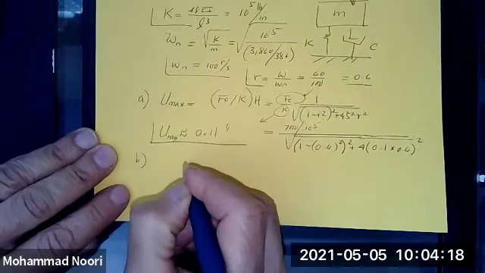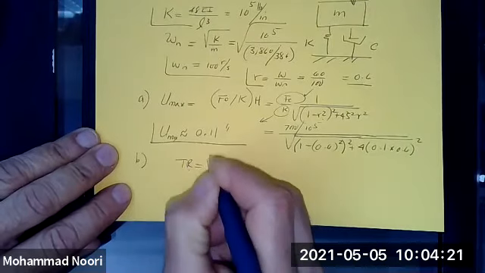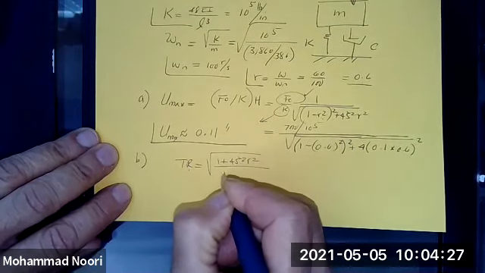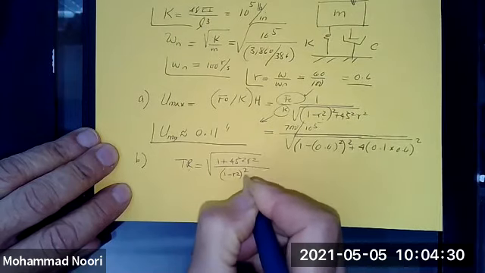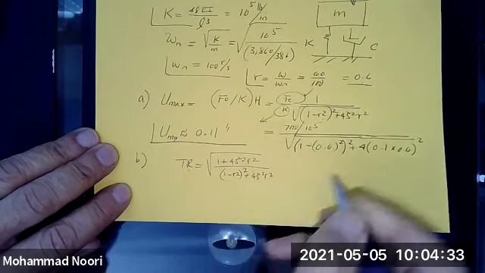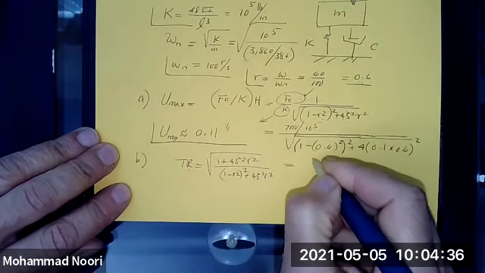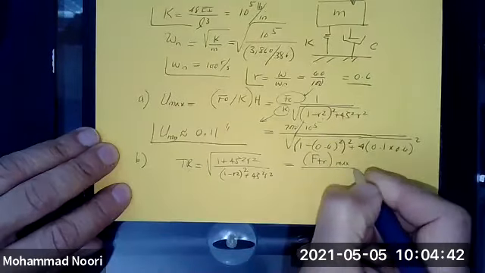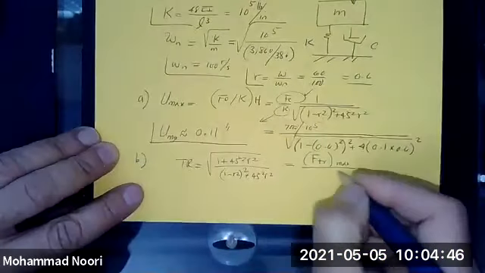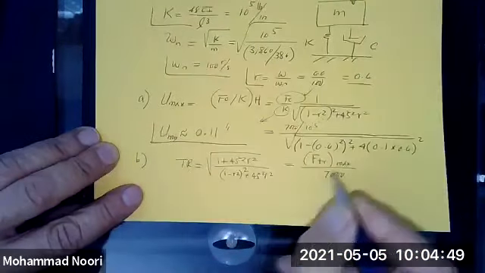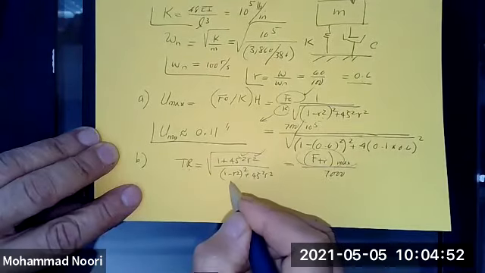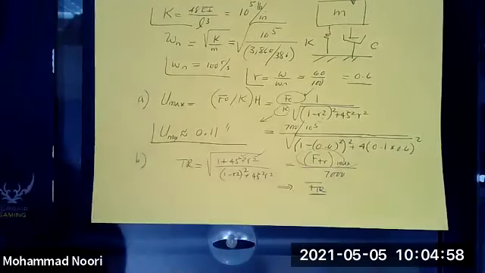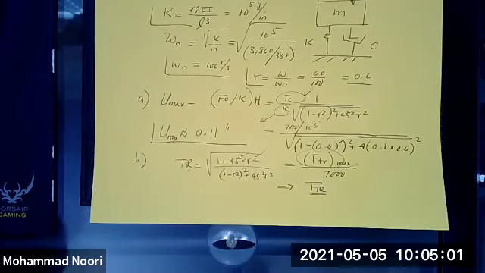So the maximum force transmitted over the maximum force input to the system, which is 7,000, is the square root of (1 plus 4 zeta squared r squared) over ((1 minus r squared) squared plus 4 zeta squared r squared). So we have r, we have zeta, and so on.